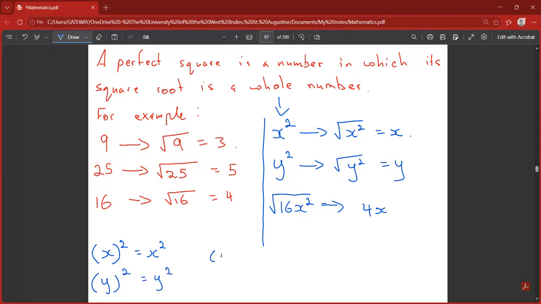If you have 4x in brackets raised to the power of 2, you have to raise each term inside it to the power of 2: 4 to the power of 2, and x to the power of 2. 4 to the power of 2 is 4 by 4, which is 16, and x to the power of 2 is x by x, which is x squared. So we get back the 16x squared. You all understand the concept here of a perfect square and square terms.